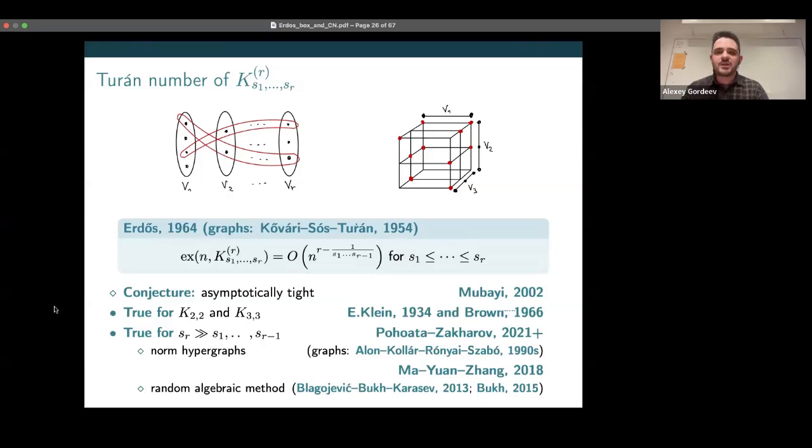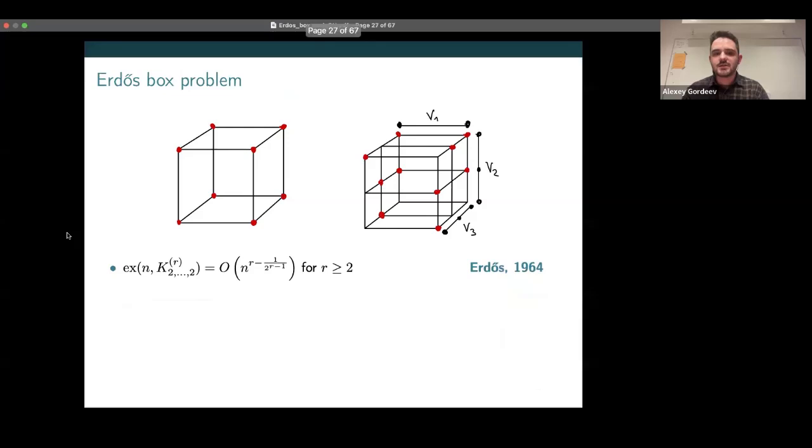So now let me talk about the Erdős box problem. This is just a particular subcase of the problem of determining these Turán numbers, when all the s_i are equal to 2. So why is it called the Erdős box problem? Because you can think about it this way. You have this n times n times ... times n big product set, so a big r-dimensional box.